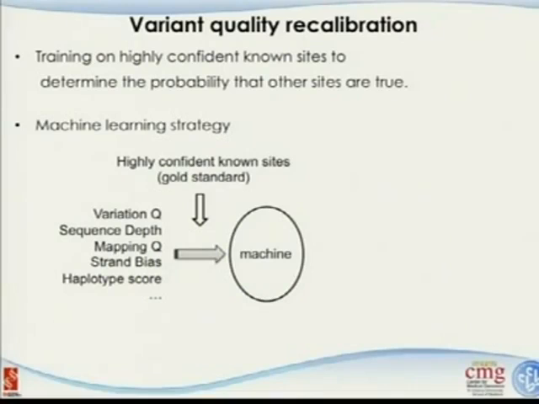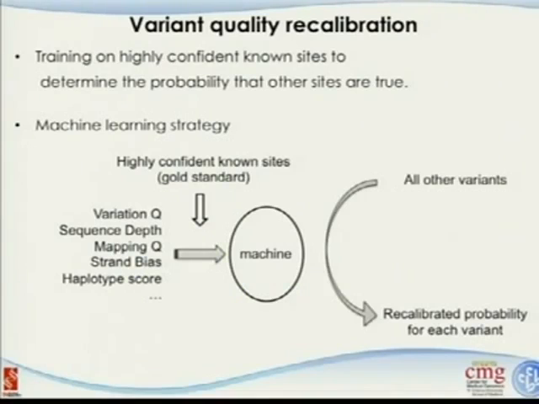What people use here is a machine learning approach. You get all these measurements for one variant, and then you use a gold standard to train your machine. Once new data comes in, you recalibrate the probability of whether that variant is real or not. The GATK package can help us do all these things, but you have to understand the basics of that.